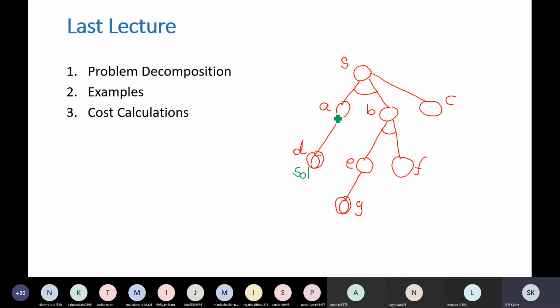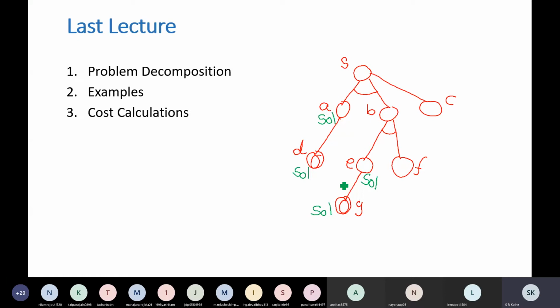So since D is solved, A is also solved. Then at some time the algorithm will reach node G, which is a terminal goal node, so one of the sub goals. So you are going to label that as solved. Because of that, since this is OR, E will become solved. That means it is completely evaluated, so you can assign the cost to that node.